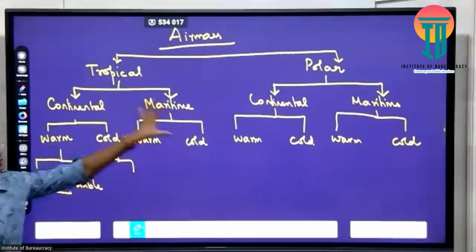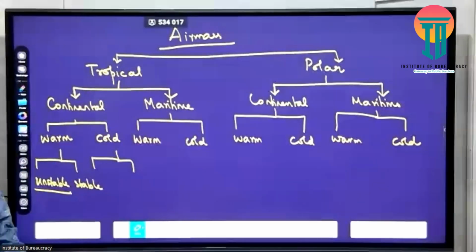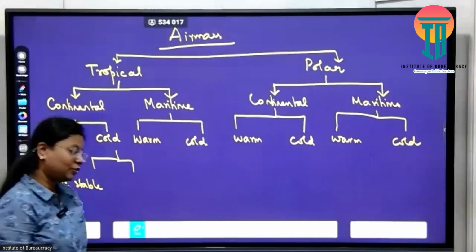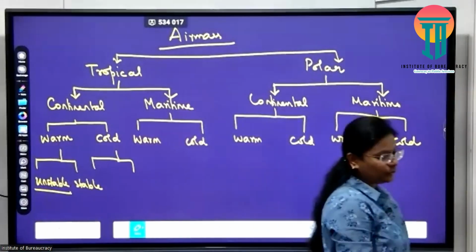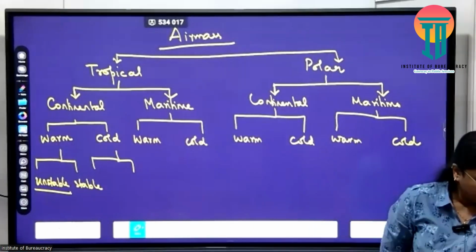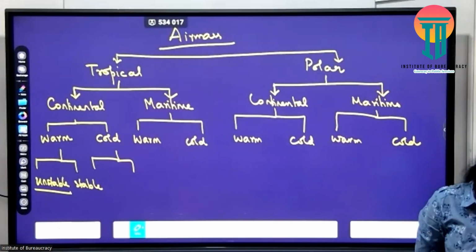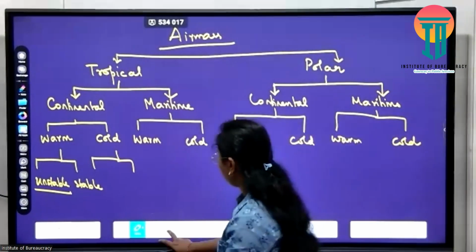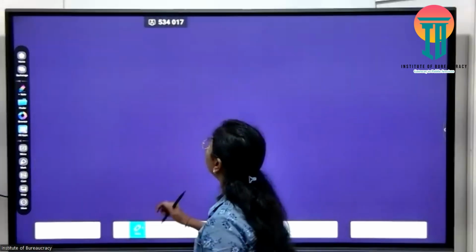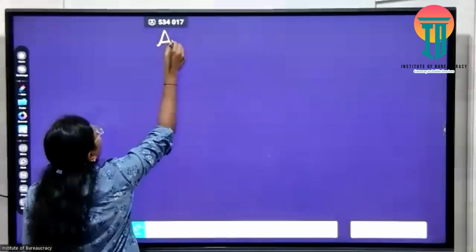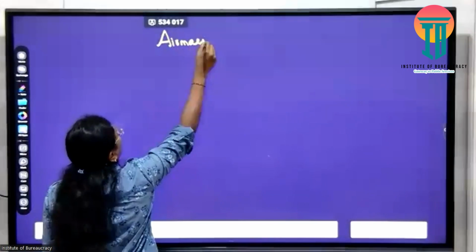So, the basis of classification, air masses, we will write down. So one is your tropical. I'm going to write down first the tropical and polar air masses.